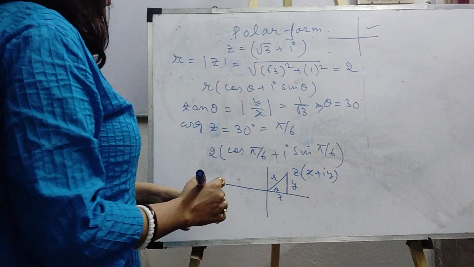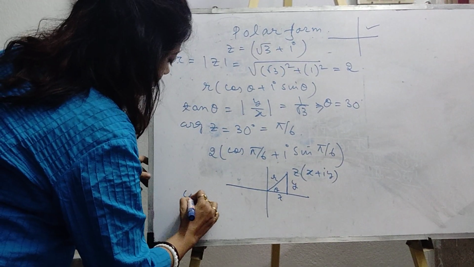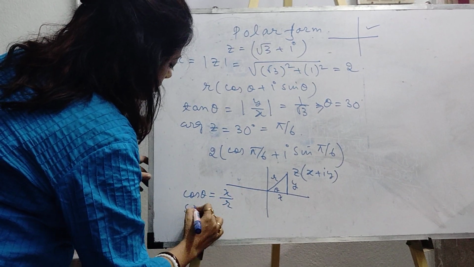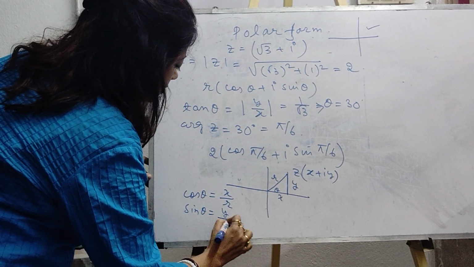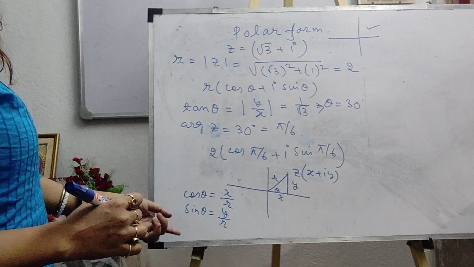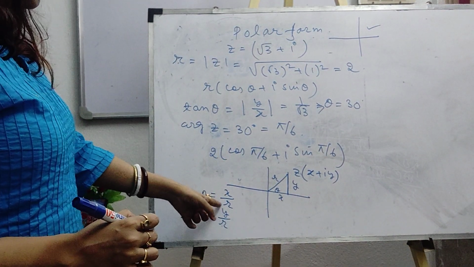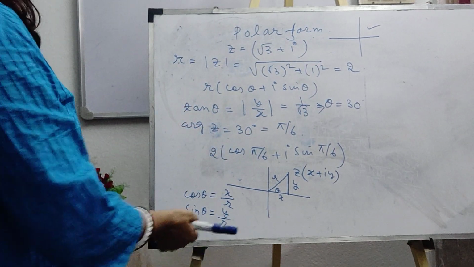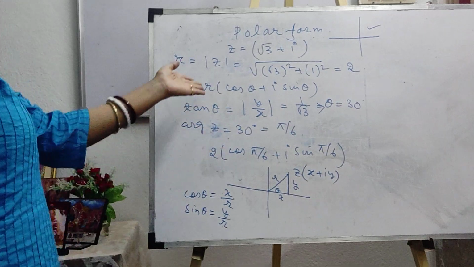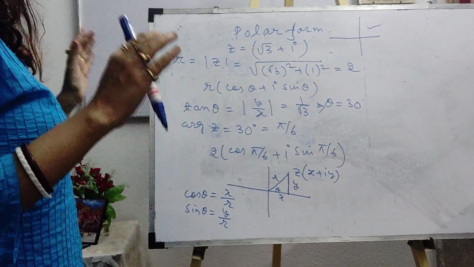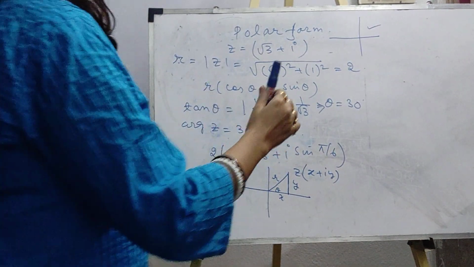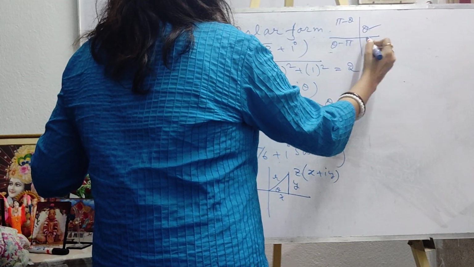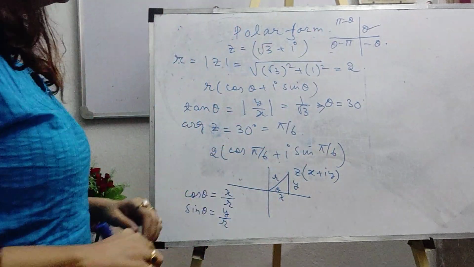Now cos theta equal to x by r, sin theta equal to y by r. Now express x equal to r cos theta, y equal to r sin theta. Replace the values of x and y from this, you will get this form. It's very easy. But always remember, argument for the first quadrant theta, pi minus theta here, theta minus pi and minus theta.